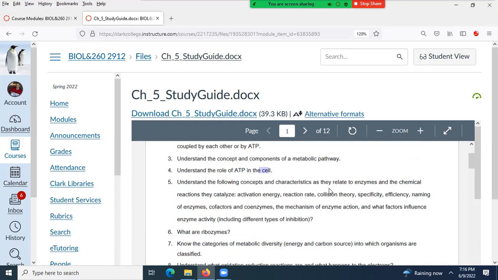Understand the following concepts and characteristics as they relate to enzymes and the chemical reactions they catalyze. Activation energy. That's the energy you need in order to perform a chemical reaction. The reaction rate, how quickly the chemical reaction occurs.